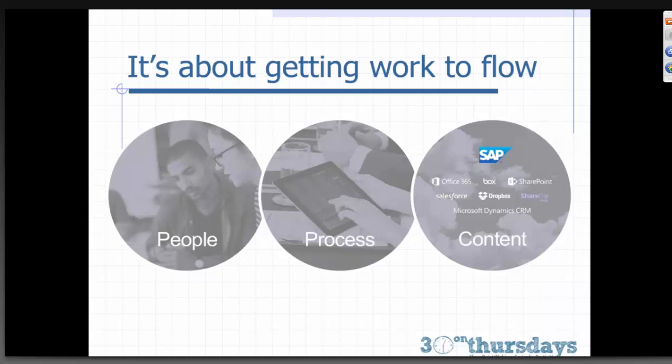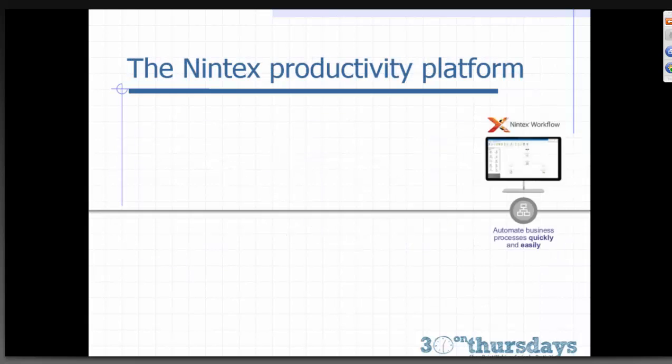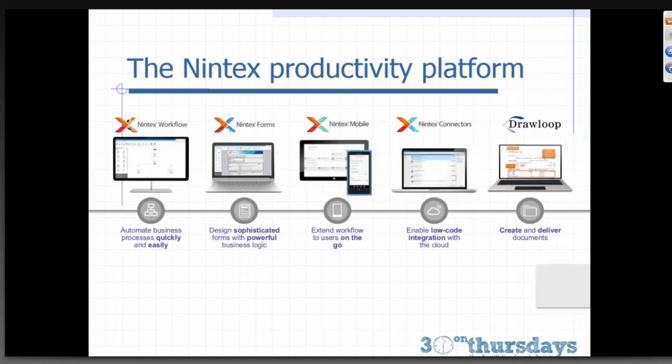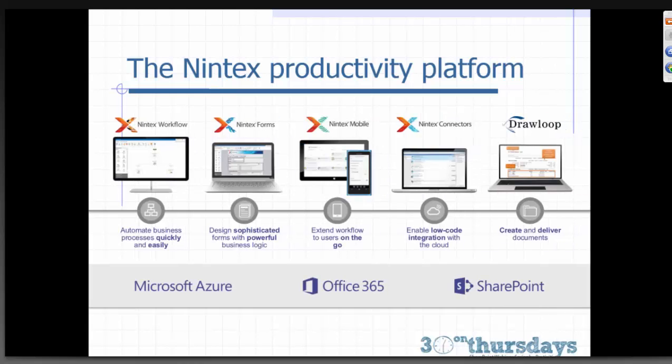One of the ways we do that, and I'll just talk quickly about Nintex. We have Nintex Workflow, which allows you to easily build business processes right there inside of SharePoint, drag and drop, very no-code, low-code. Going hand in hand with that is Nintex Forms, which allows you to build out the forms that are part of the workflow process.